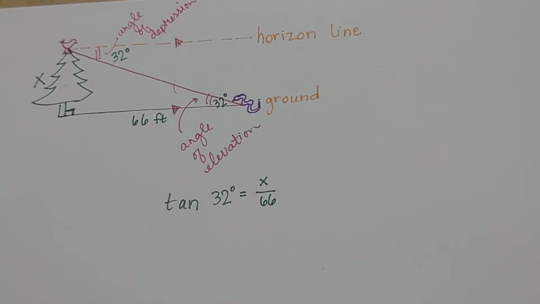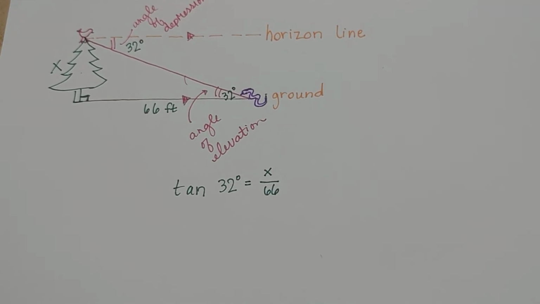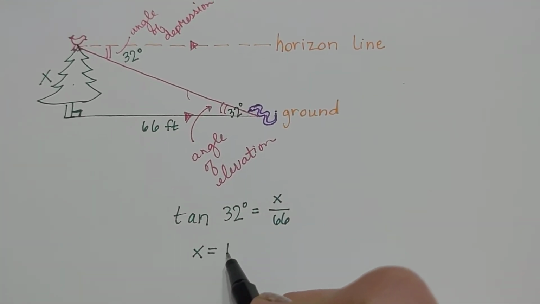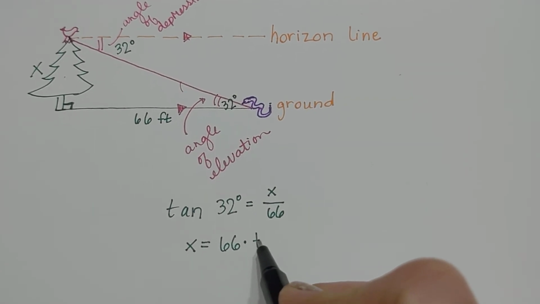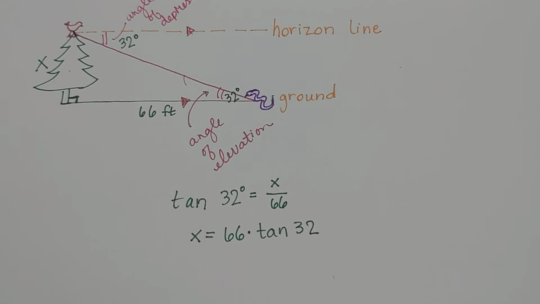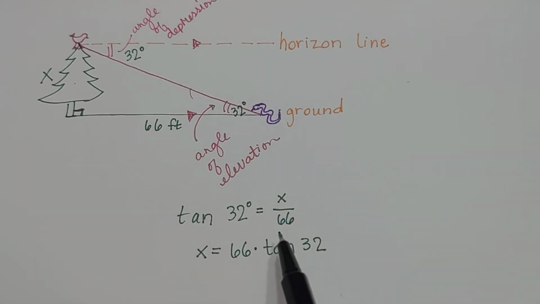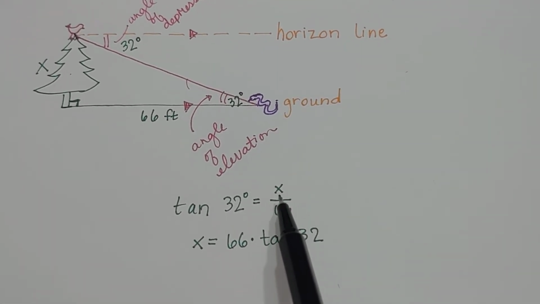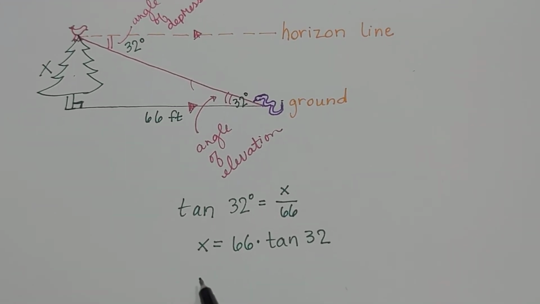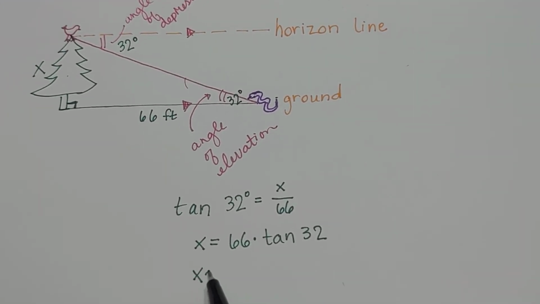In order to solve this one, we are going to put it in calculator ready form. And that means that x should equal 66 times the tangent of 32 degrees. Now we do this because if we want to get rid of dividing, what do you do? You multiply it. So you move it over to the other side. All right, so now we can put this in our calculators.